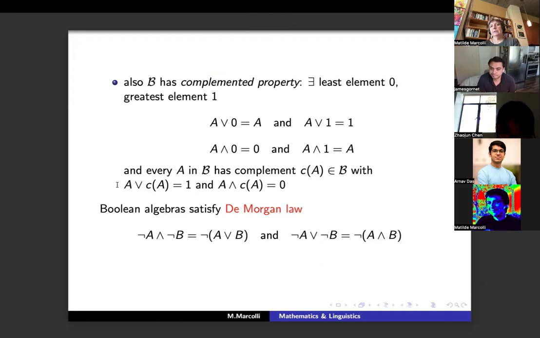Every element has a complement which can be described in terms of the least and greatest elements and the two operations. And a Boolean algebra satisfies de Morgan's law, which has two dual forms. Again, everything is completely symmetric with respect to the two operations and the 0 and 1, so you can flip everything and have the Boolean property preserved.